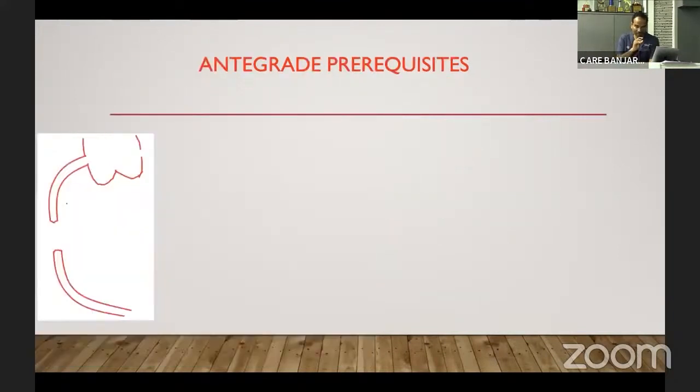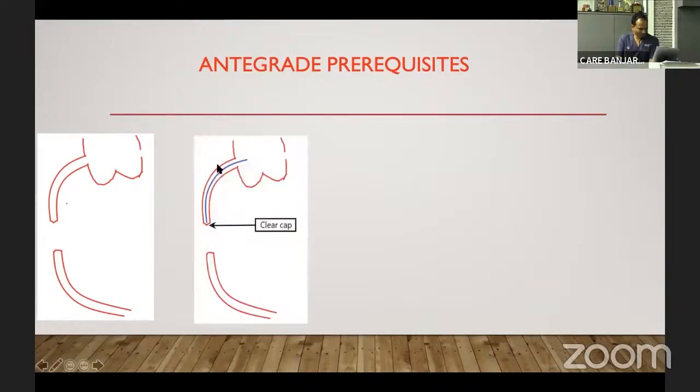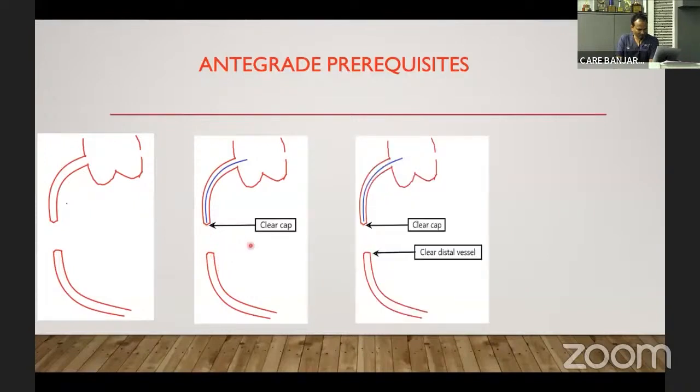Let me dwell a little bit deeper into these Antegrade prerequisites. Only when you know where the cap is can you really start wiring. If you know this is a cap, you know where you have to enter into the CTO. Then if your distal vessel is visible clearly, you know where you have to reach distally.